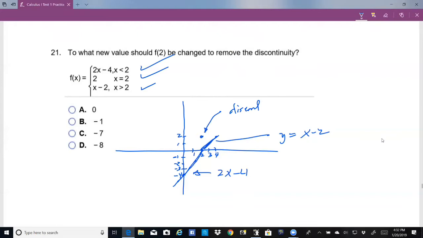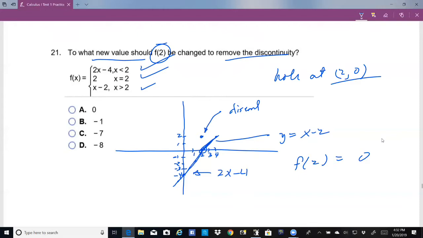And there's a hole at 2 and 0. In other words, 2 and 0 is not on the graph. However, if we want to find the new value of f of 2, what it should be, to remove the discontinuity, we would let f at 2 not be 2, but 0, and then that would remove the discontinuity. So the answer is 0.